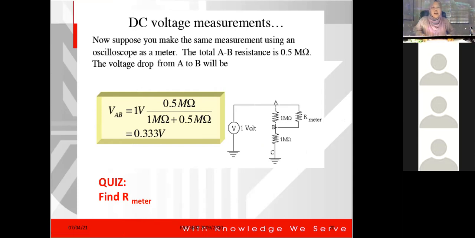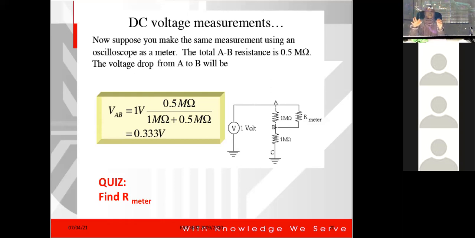So how do you calculate? Using the parallel resistance equation. 1 over R total at AB is equal to 1 over 1 mega ohm plus 1 over R meter.